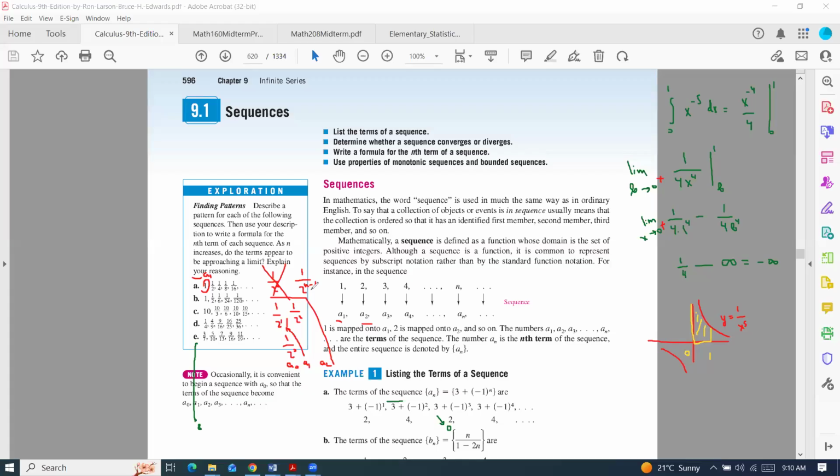So those are sequences of numbers, but there are a few little tricks to watch out for. For example, how can I describe that sequence? Well, notice these are the odd numbers, 3, 5, 7, 9, and so forth.